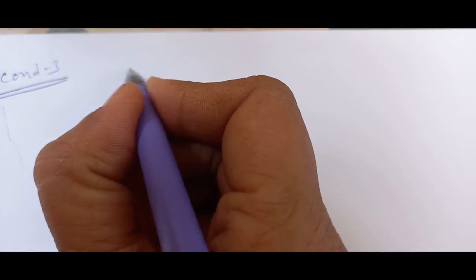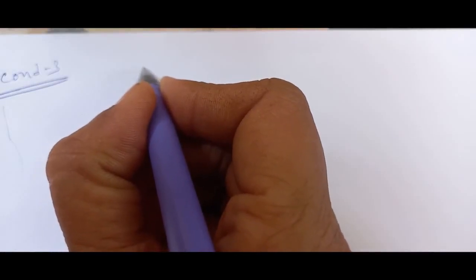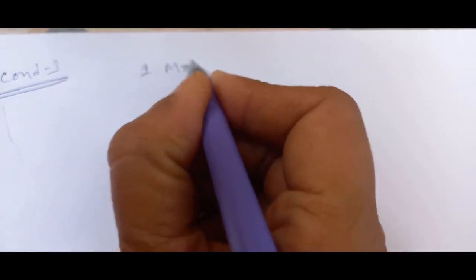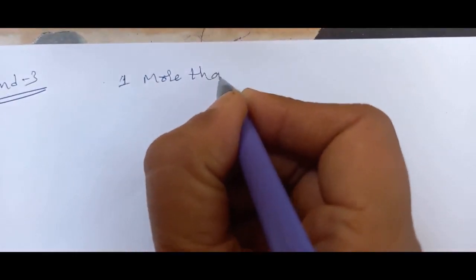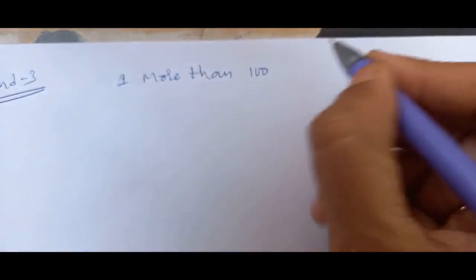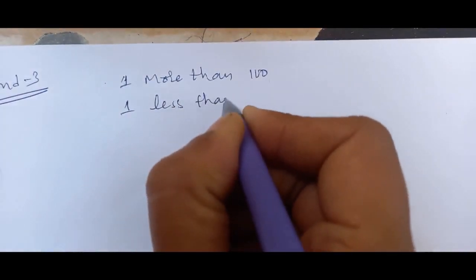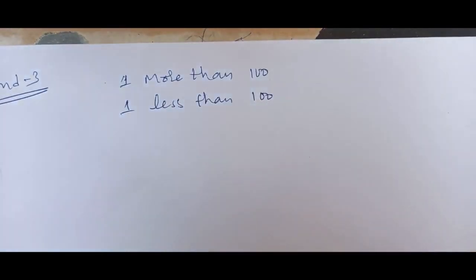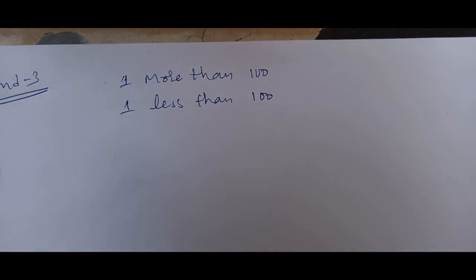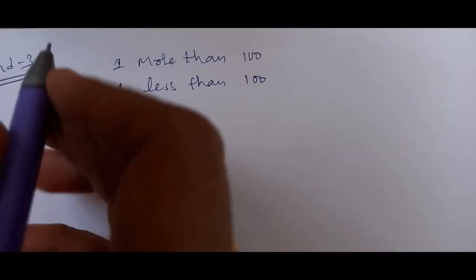Next, condition 3. If one number is more than base 100 and one is less than 100, in that case, how should we do?